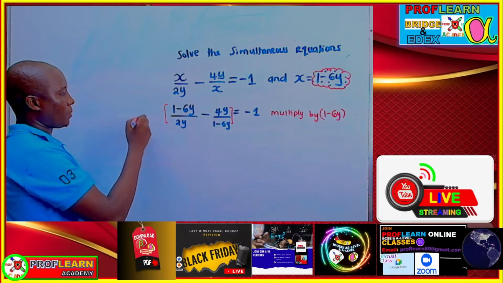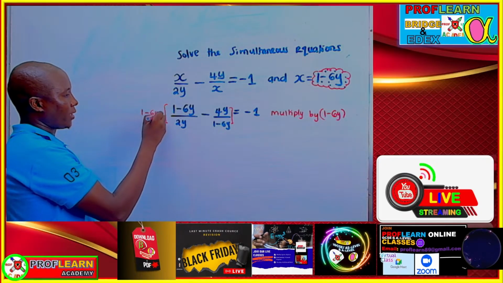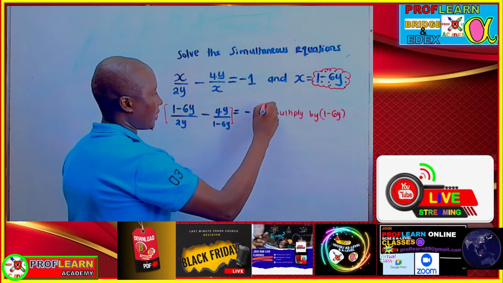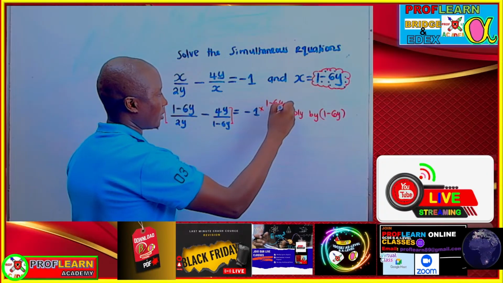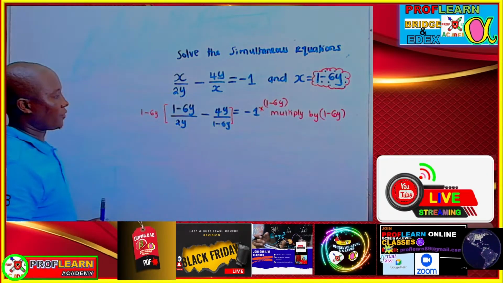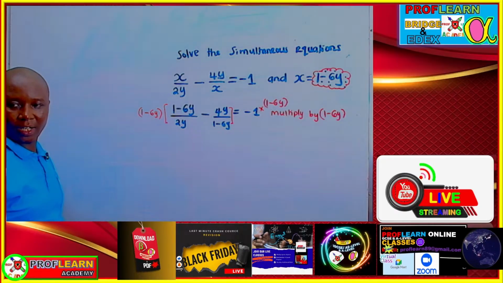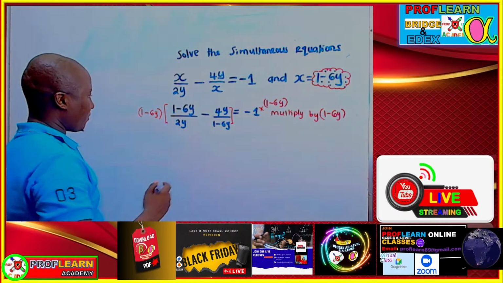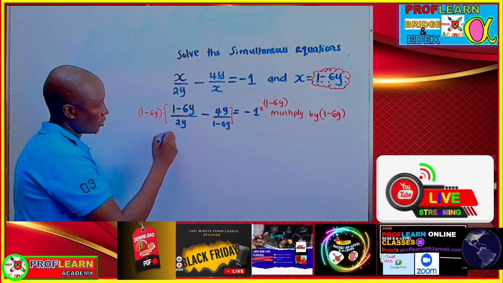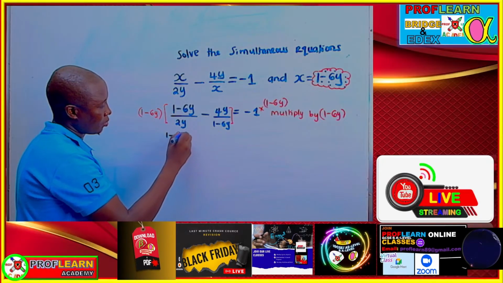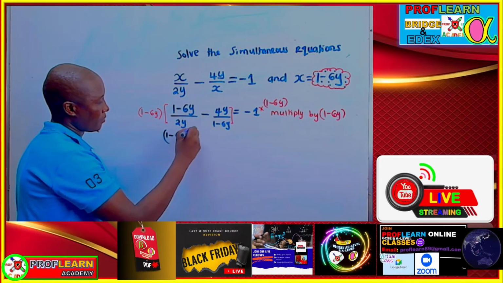I'm going to multiply by 1 minus 6y, and also this side I'll multiply by 1 minus 6y. At that point of time, you have to agree with me that this part we're having here is going to be 1 minus 6y squared.